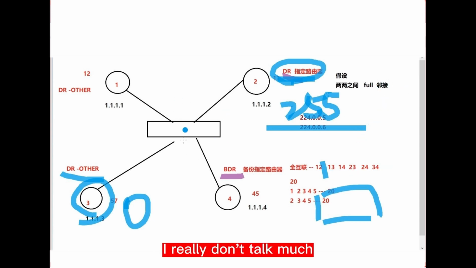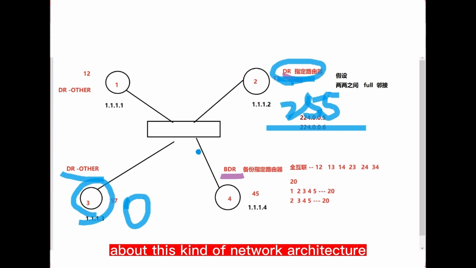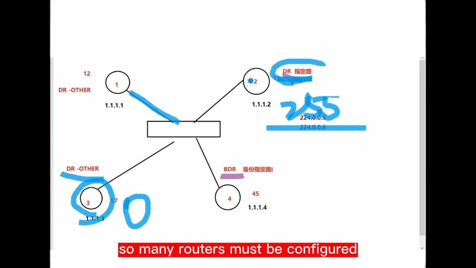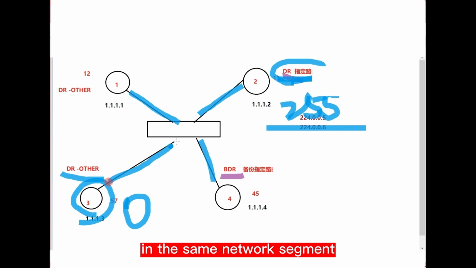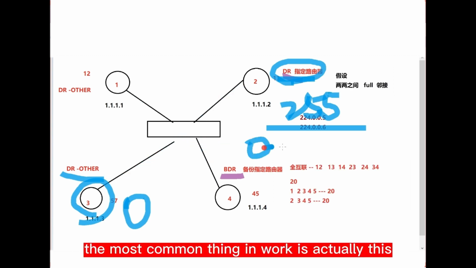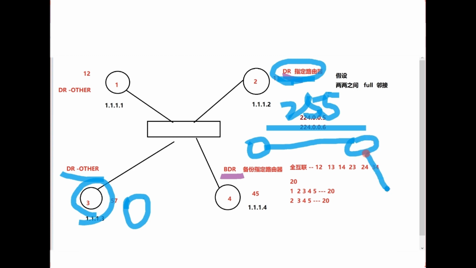I really don't talk much about this kind of network architecture, because in actual work it is not often seen. Actually, I'm telling the truth: at work you will rarely see so many routers that must be configured in the same network segment.